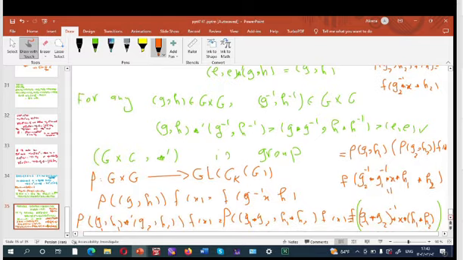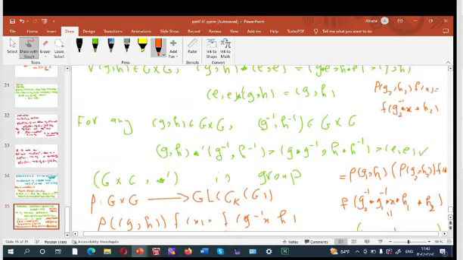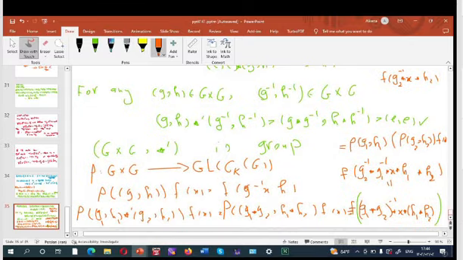Okay, and so rho of (G1, H1) of this is equal to rho of (G1, H1) of this, so that the inverse of G1 must act on the left-hand side, and H1 must act on the right-hand side. So this is a representation theorem.